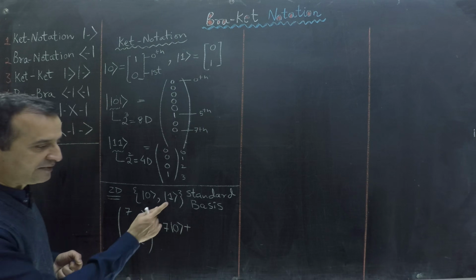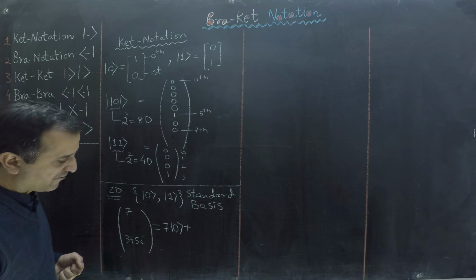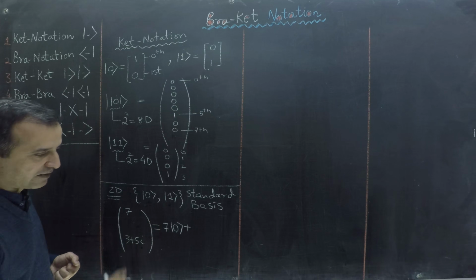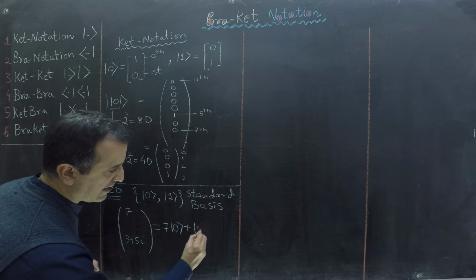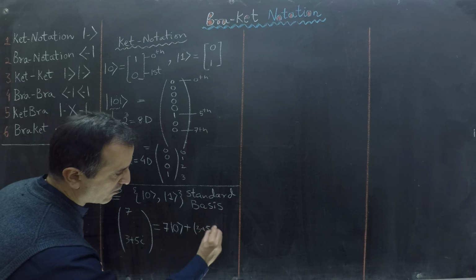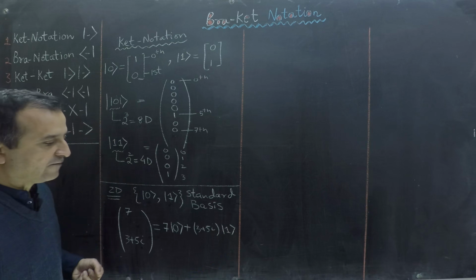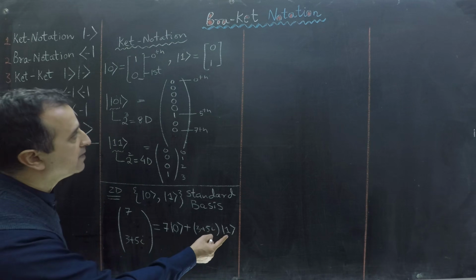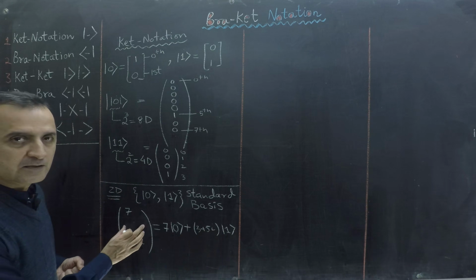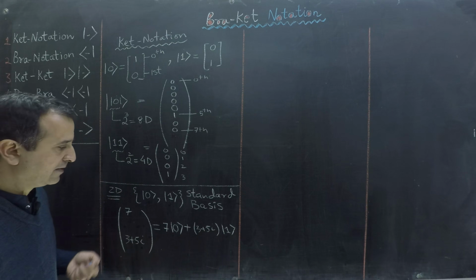I know that this represents first location and my first location has 3 plus 5 iota, so I will write 3 plus 5 iota first location. And if I put the value of Ket0 and Ket1 here, I will get this vector. You can do that very easily.